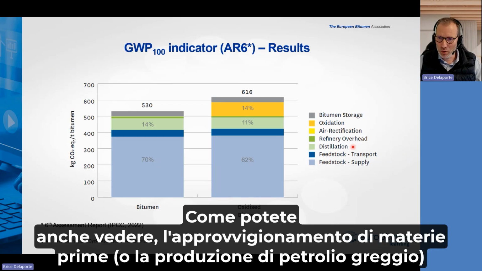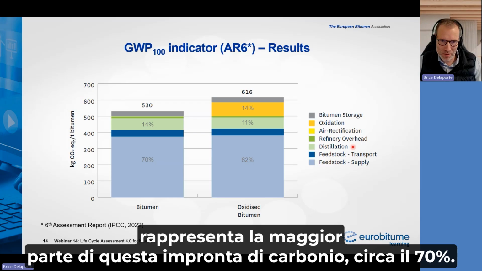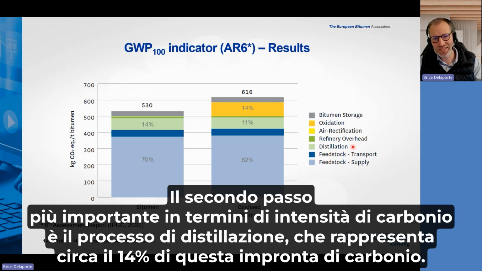And as you can see, also the feedstock supply or the crude oil production represents the main part of this carbon footprint, around 70%. And the second most important stage in terms of carbon intensity is distillation processes, which represent about 14% of this carbon footprint.